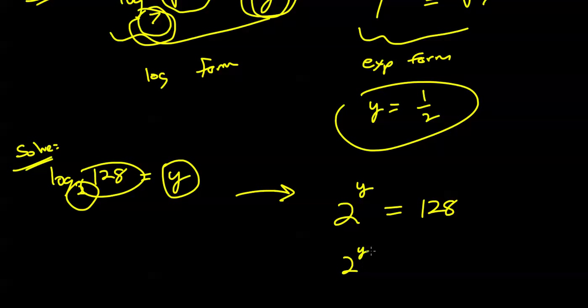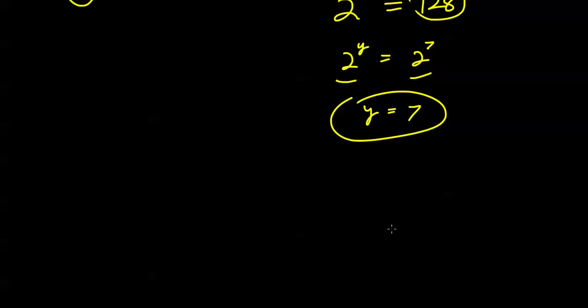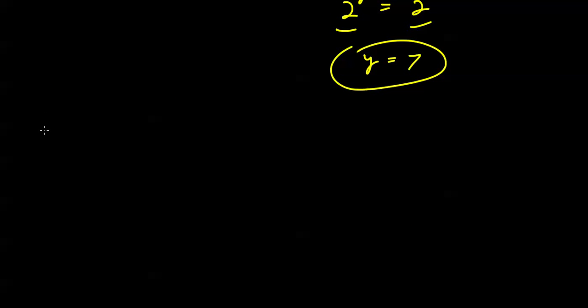I'm hoping you recognize 128 as a power of 2. It's an integer power of 2. 2 to the 7th power is 128. And if both sides of this equation are the same and the bases are the same, of course that means the exponents must be the same. So here y equals 7. Okay. Alright, let's try some more logarithms.